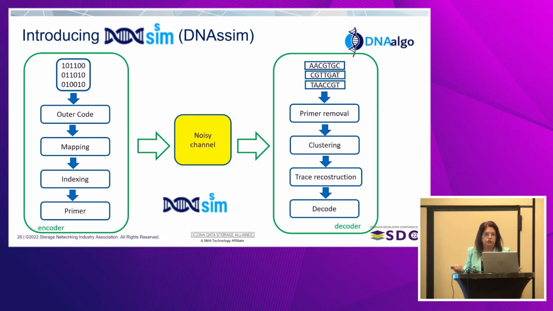Here, with trace reconstruction, we need to deal, for example, with the IDS errors, or strands of different lengths because of insertions or deletions. At that point, we map back to binary, and finally we can apply our error correction code.